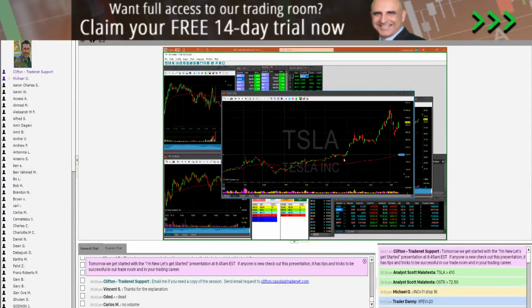Take a look at the daily ranges before 200 and the daily ranges after 200, not to mention after 300. Okay? So this type of price action in Tesla, I don't think is sustainable.